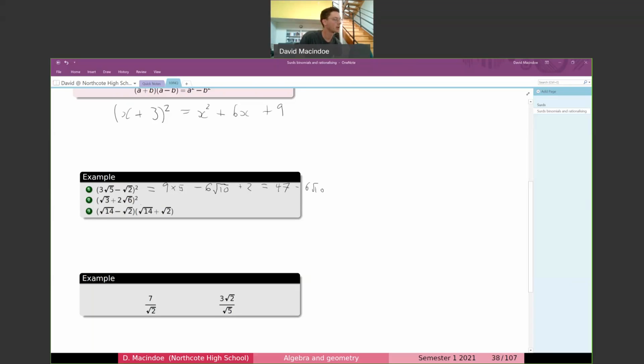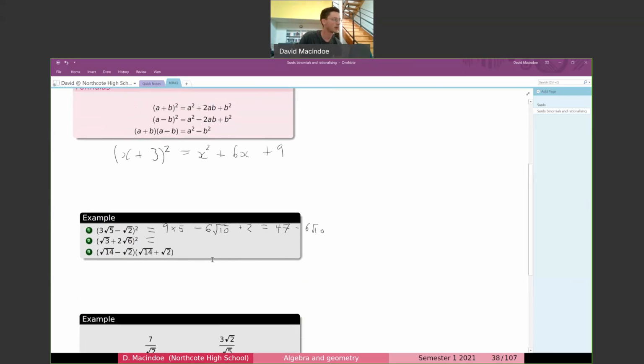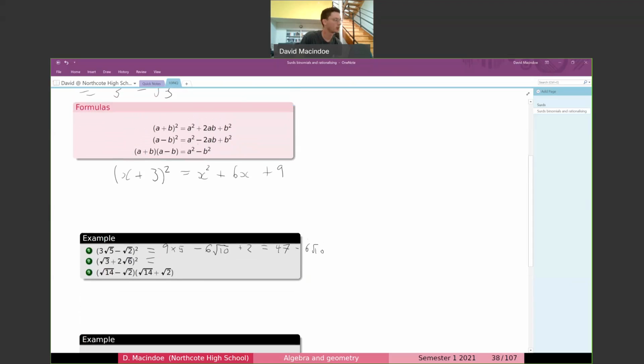All right, this one, what do we got? We've got it just positive in the middle, so we can use similar patterns. So root 3 squared will be the first bit. I might just scroll up so you can see those patterns. It's this one here, isn't it? So root 3 squared is 3. Plus 2 times the product of those numbers.